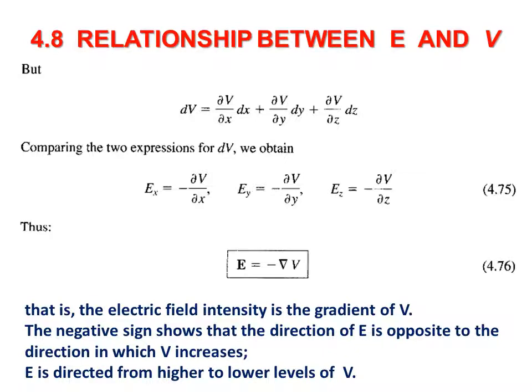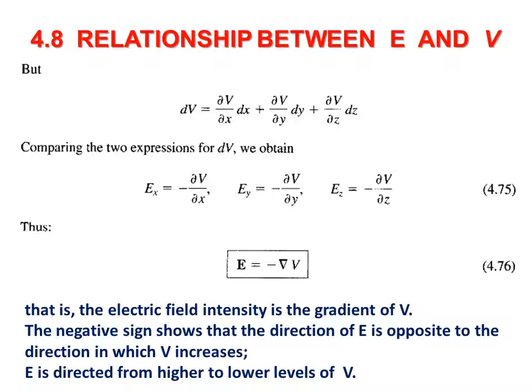But, as you know, dV is equal to partial V over partial x dx plus partial V over partial y dy plus partial V over partial z dz. So comparing these two expressions for dV, we can obtain Ex is equal to minus partial V over partial x, Ey is equal to minus partial V over partial y, Ez is equal to minus partial V over partial z.